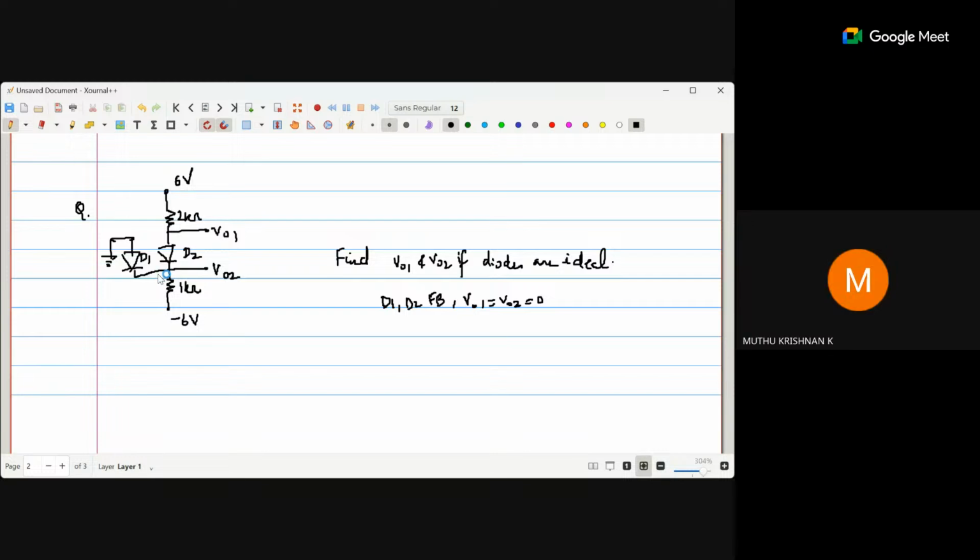Yes, ma'am. So it will start conducting. D1 will start conducting, and after that, the voltage at V02 will become 0, right? Okay, correct. Likewise, if we leave D1 aside and just focus on D2, then the voltage will be, I think, -2 maybe.